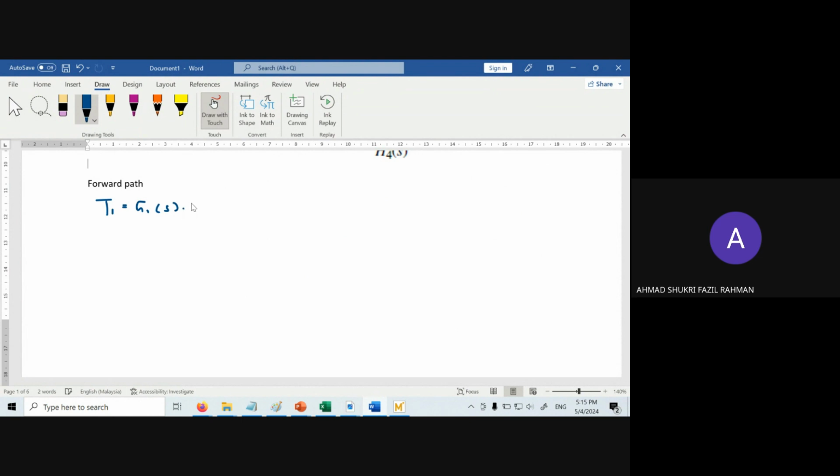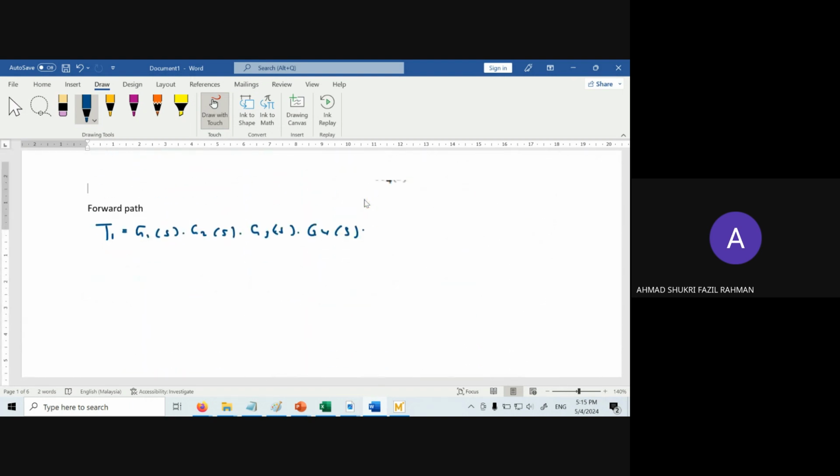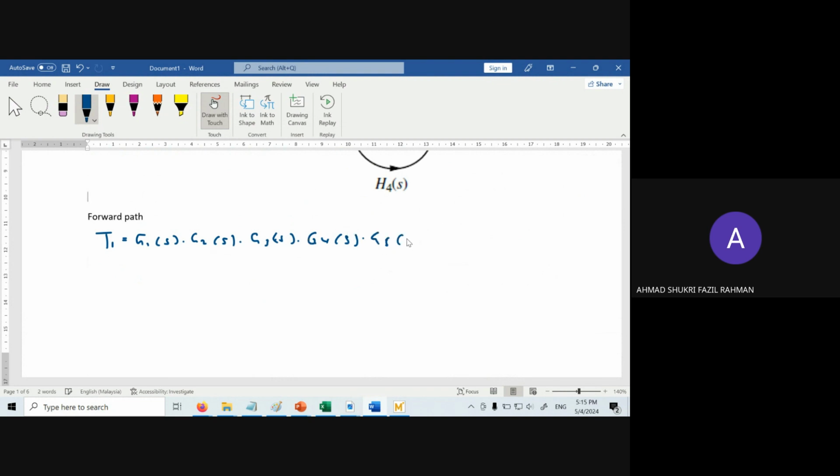So G1(s) multiplied by G2(s) multiplied by G3(s) multiplied by G4(s), and then multiplied by G5(s), up to the final one, which is G5(s).